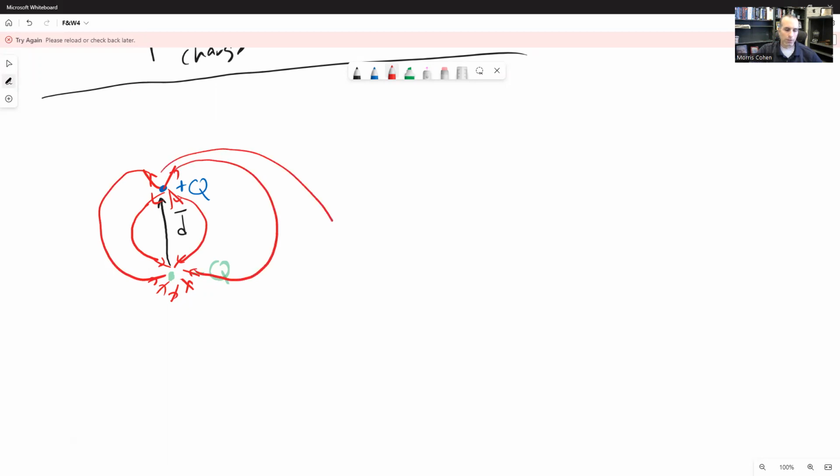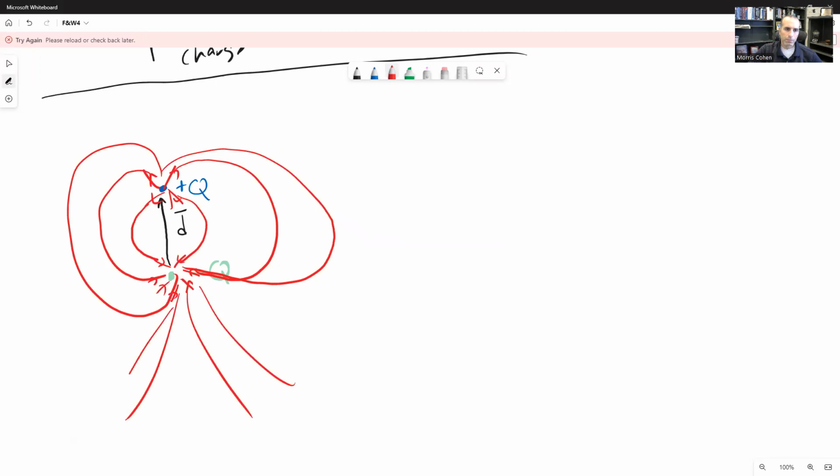So this is the field lines that we expect from a configuration like this. And these outer field lines are just going to kind of go off into the distance. All right, so here is where these field lines are pointed. Always away from the positive charge and toward the negative charge. Right, and this is called a point dipole.